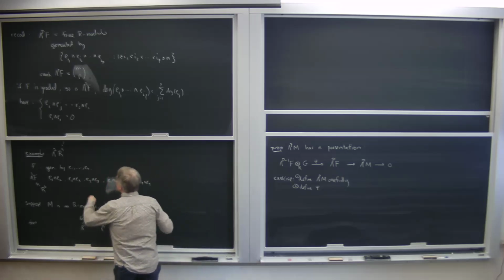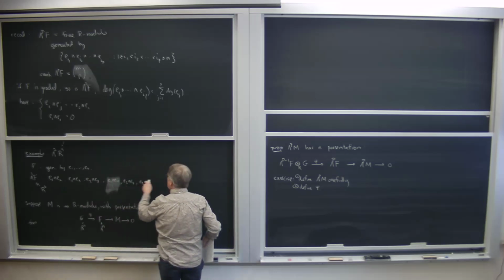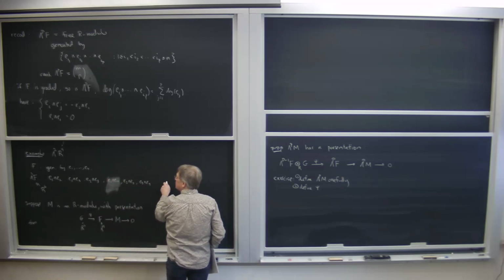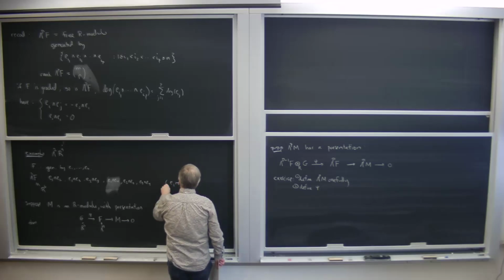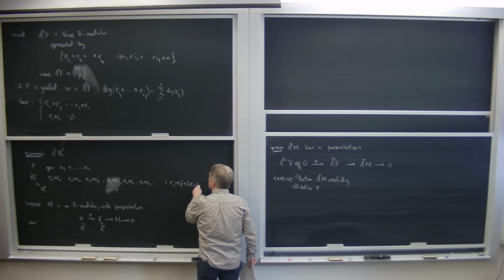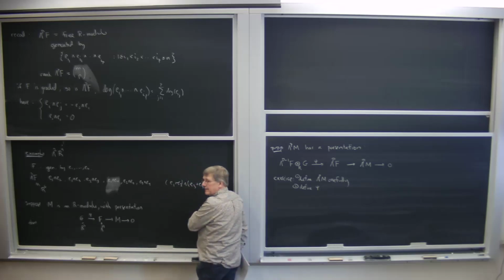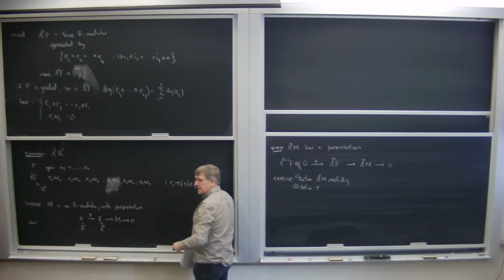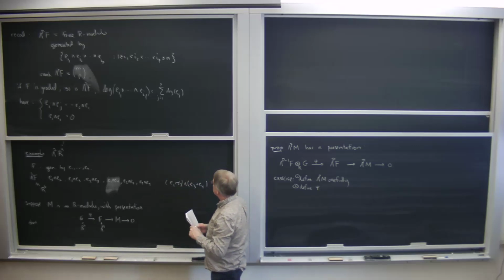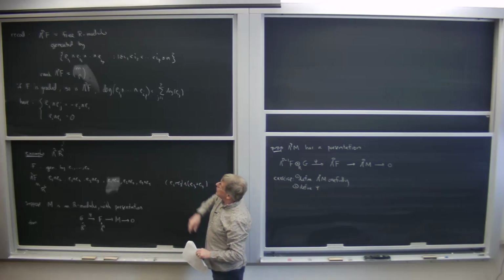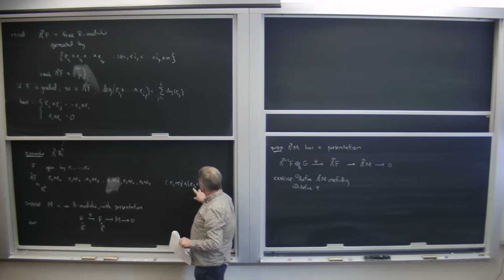No, not necessarily. Inside of wedge 2 of F, I could take E1 plus E2 wedge E3 plus E4, for instance. I'm assuming that you know this is a product on the exterior algebra.